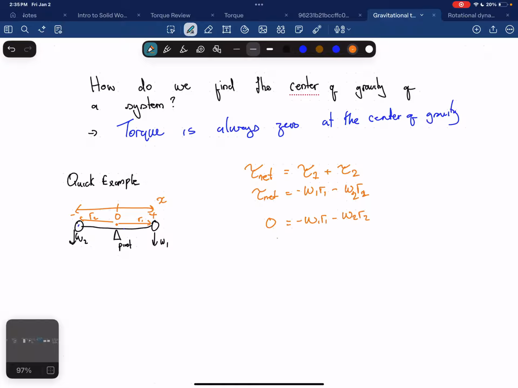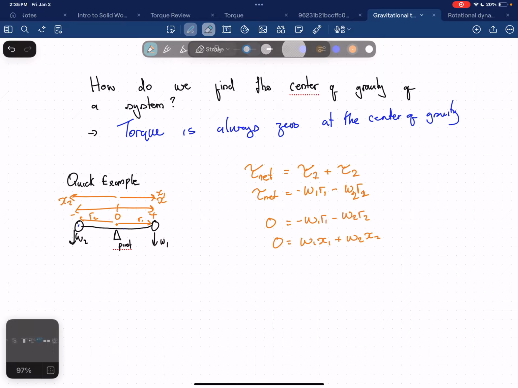So 0 is going to be omega 1 x1 plus omega 2 x2, right? Basically I'm saying the distance from here to here is x1, and the distance from here to here is x2. It's the same thing that I'm doing. All right? But we want to find the center of gravity. We don't know where it is, but we know it's not necessarily at 0. So hence, instead of having our R1 be just x1, I'm going to rewrite this equation.